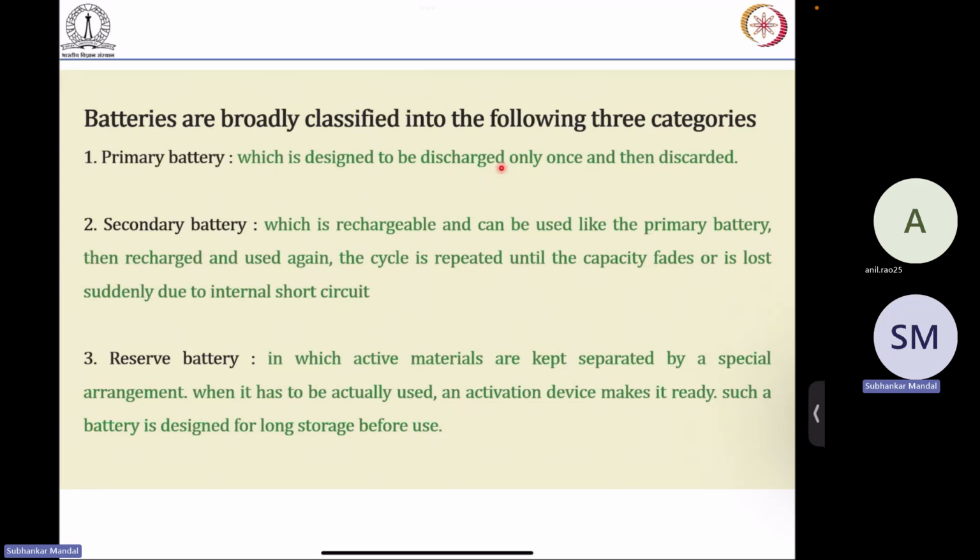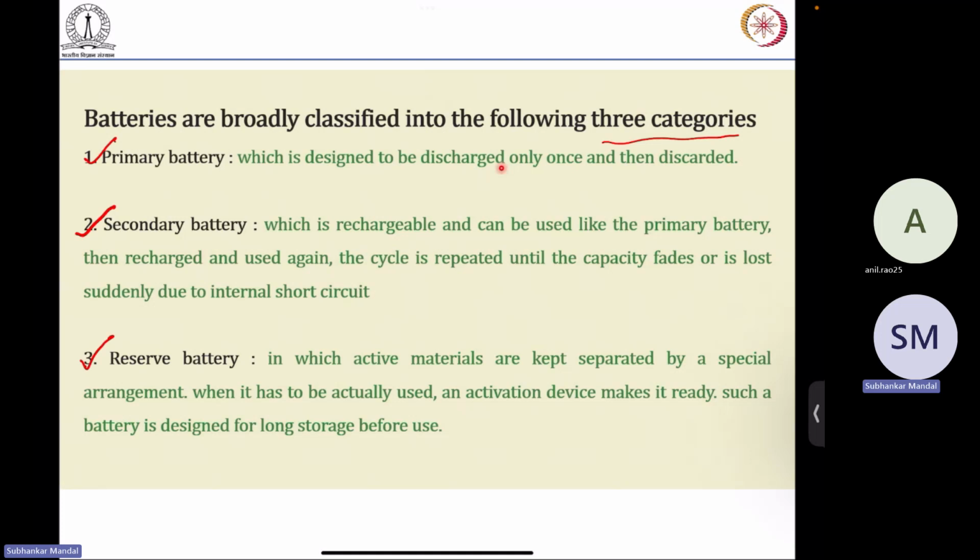Okay, before going to the next question, I am recalling some things about batteries we have learned in the class. There are broadly three categories of batteries: primary batteries, secondary batteries, and reserve batteries.